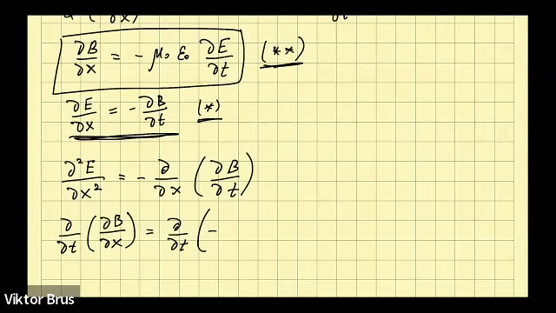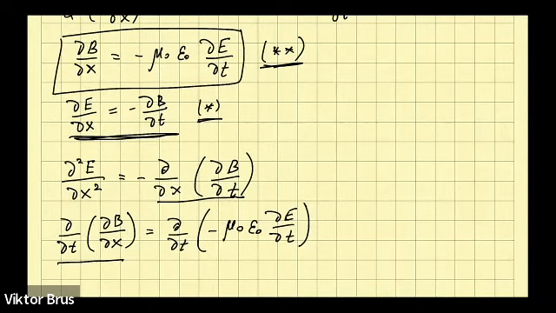It will be minus mu naught epsilon naught times dE over dt. So what do we see here? We have these identical terms in both equations, just with this minus.